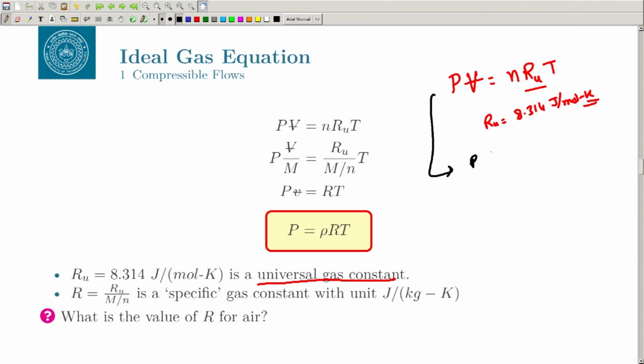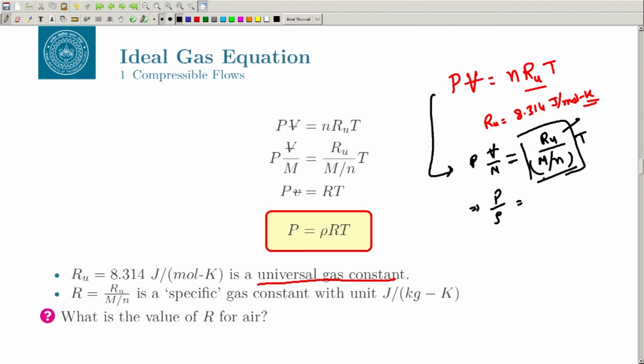This will become PV by M equal to Ru by M times T, with n being the number of moles. This is volume per unit mass, that is P by rho, the inverse of density, since mass per unit volume is density.